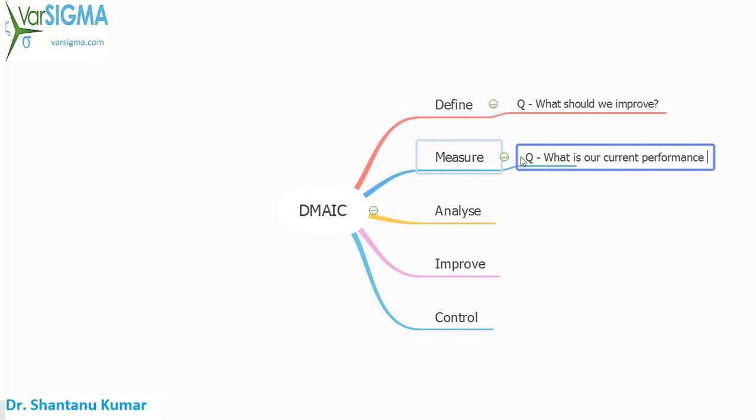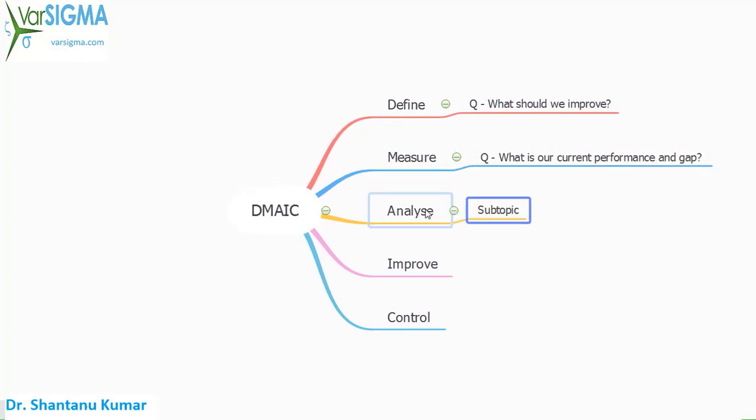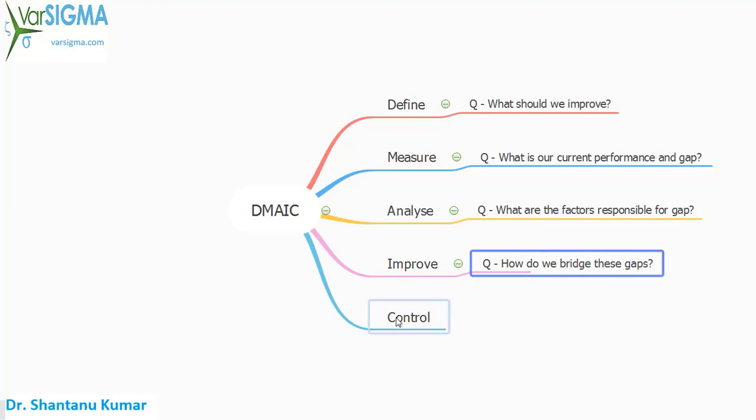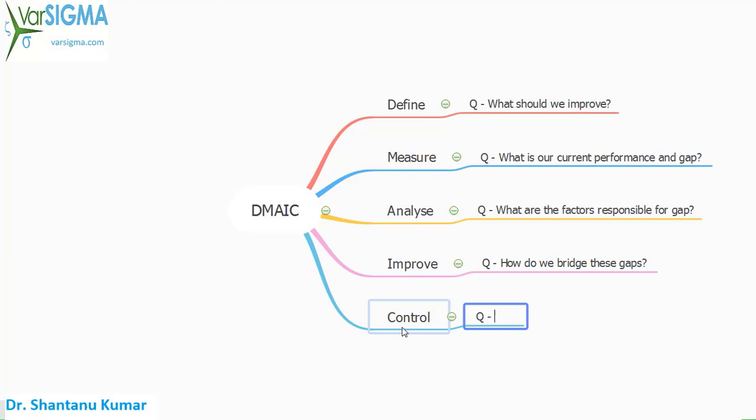The question for analyze phase, what are the factors responsible for gap in performance? In improve phase, we ask, how do we bridge these gaps? And finally, in control phase, the question is, how do we sustain improved performance?